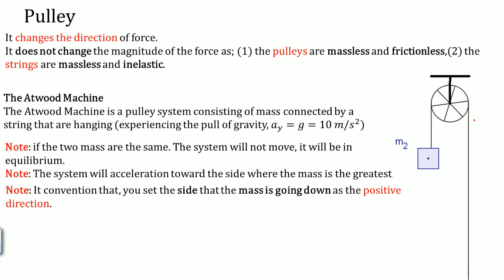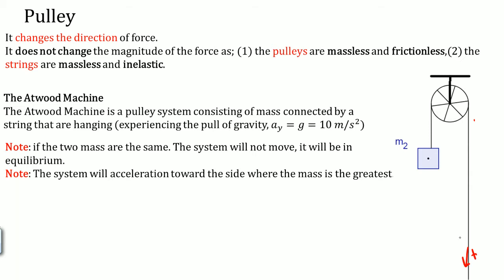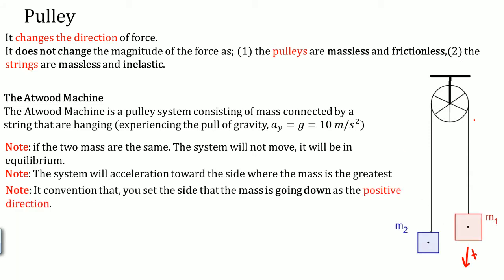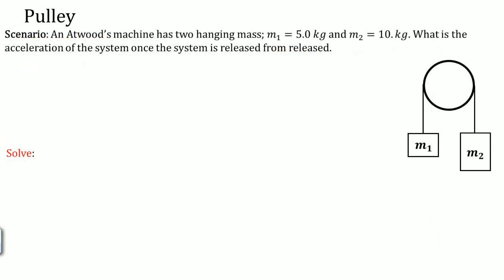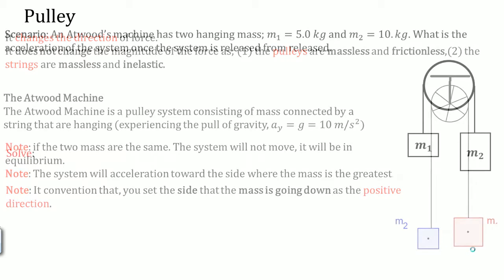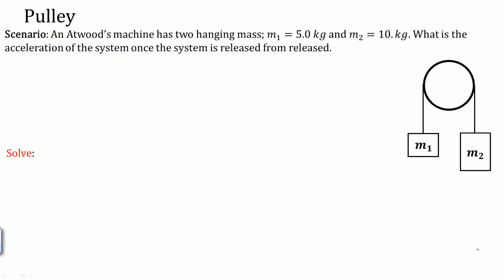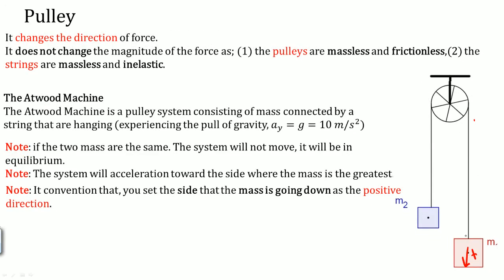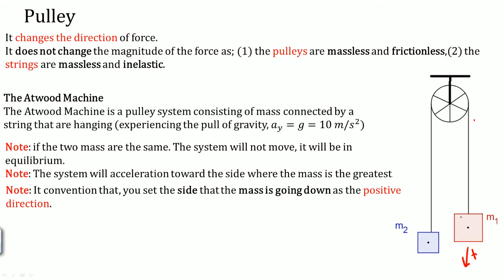So here the red mass is going down, so I consider that to be the positive direction. And the blue mass, which is going up, I would consider to be the negative direction. So right here, you would say that the system is undergoing a positive acceleration. And again, it's accelerating down the side where the mass is largest.